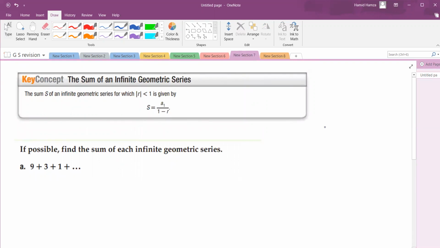If the absolute value of the common ratio is less than 1. Less than 1 means it is a proper fraction, between 0 and 1. Okay, guys?